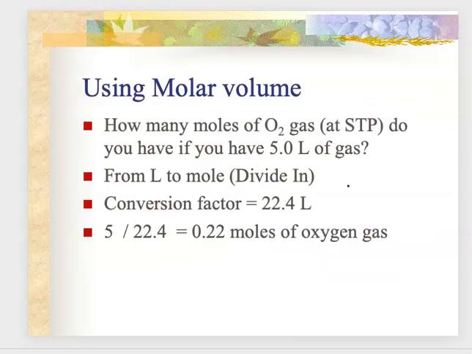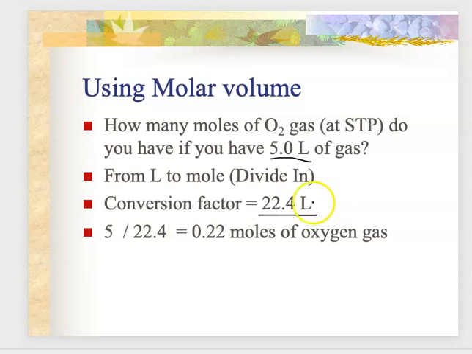If you're doing molar volume, same kind of math. If you're trying to find moles of oxygen and you have 5 liters of a gas at STP, here I'm going from liters to moles, so I'm going in. Divide in, my conversion factor, or the number I'm going to be dividing by, is 22.4 liters.